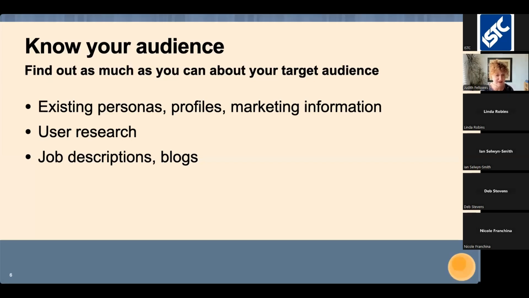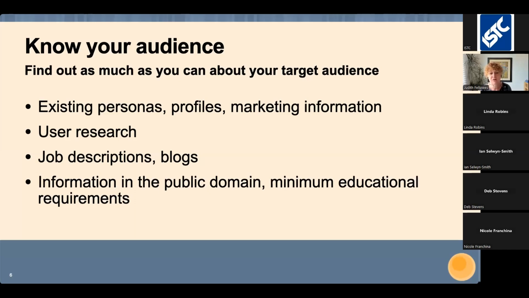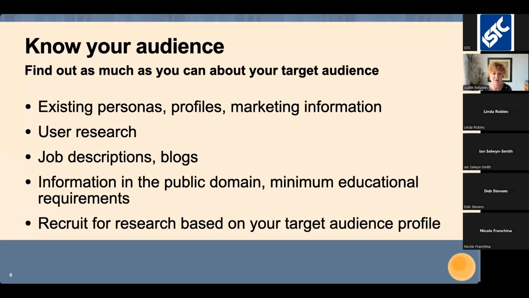So it's like, oh, I was writing this and the baby woke me up at 2 o'clock in the morning. Okay, we've got a distraction element. It doesn't matter, this is a high profile job. So you're starting to humanize things. And also look at information in the public domain, minimum educational requirements perhaps for your role, and try and recruit based on that audience.